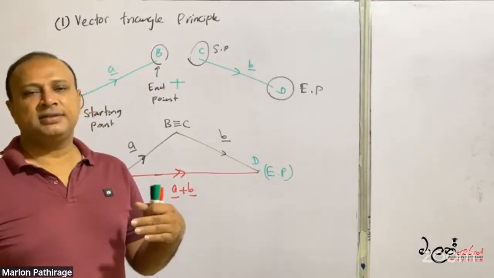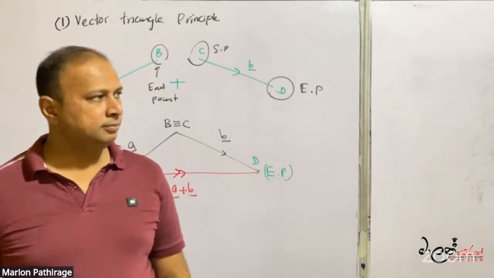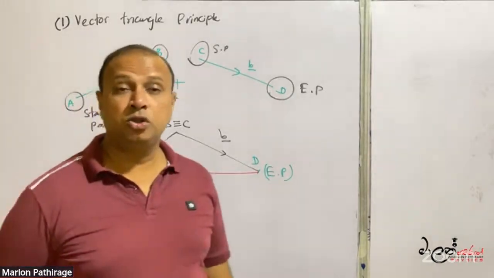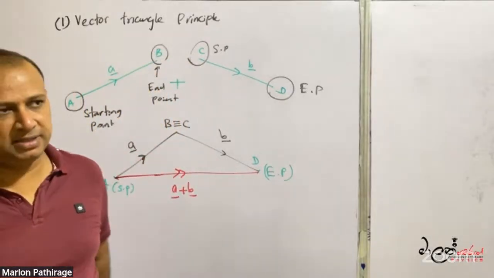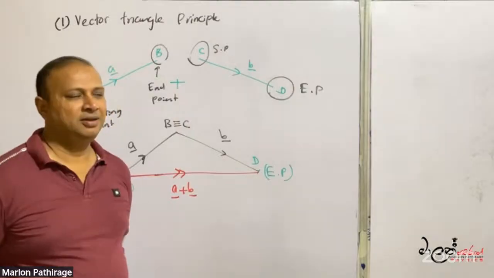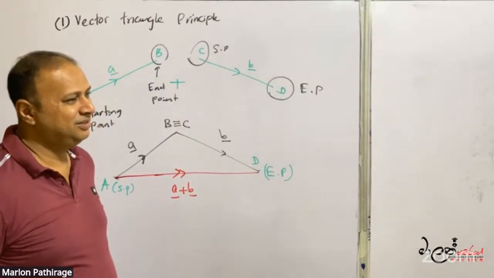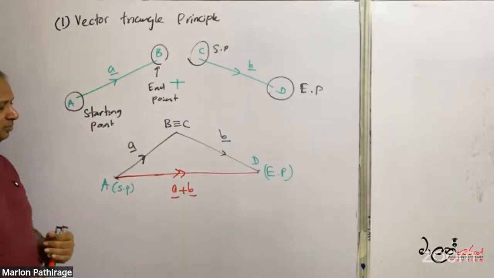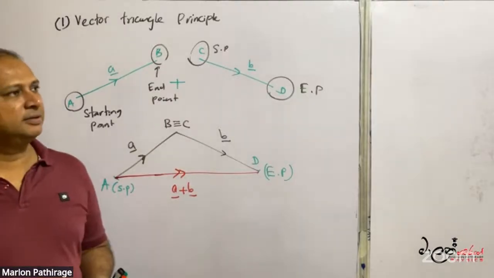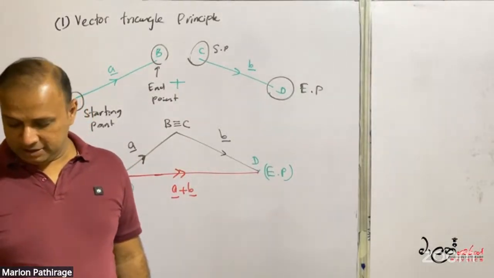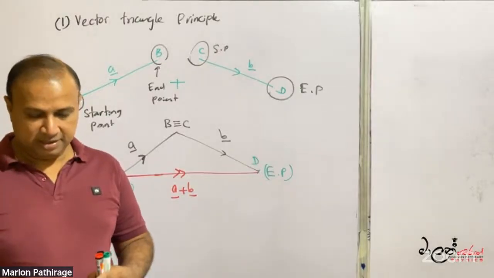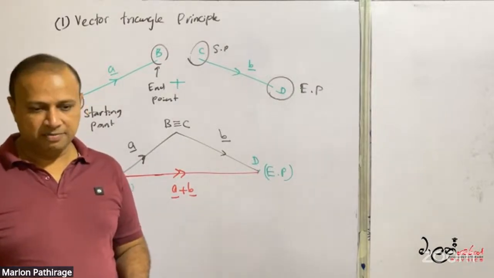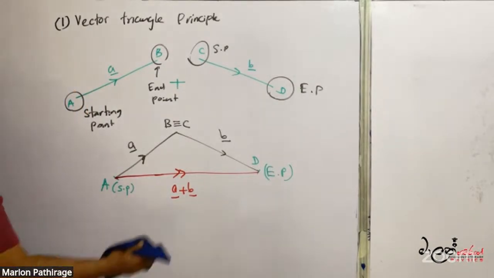Similar vectors means vectors of the same type. That is called the vector triangle principle.